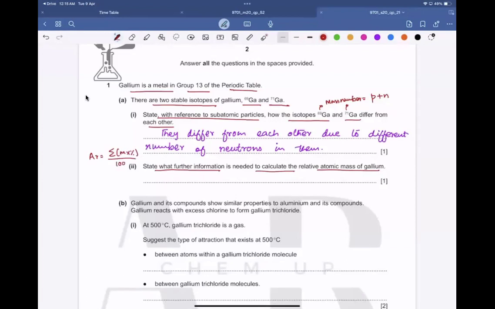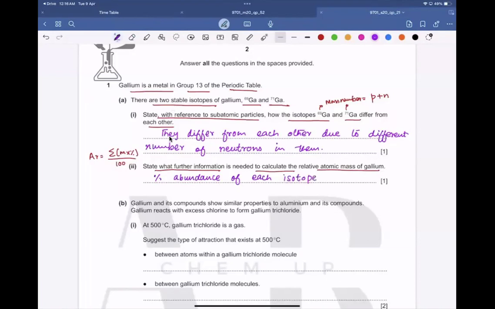So the other information that we need is the percentage abundance of each isotope.